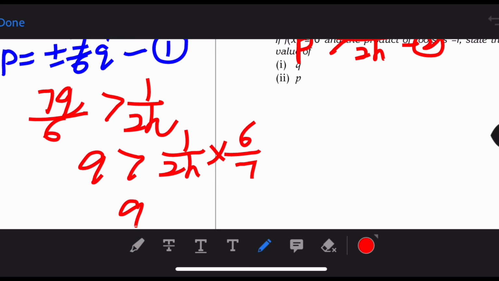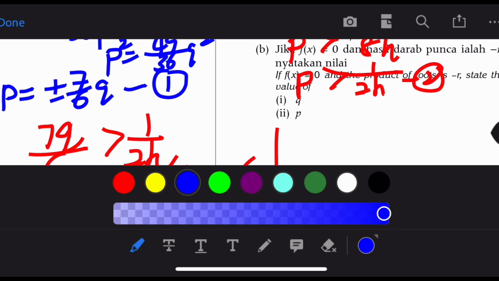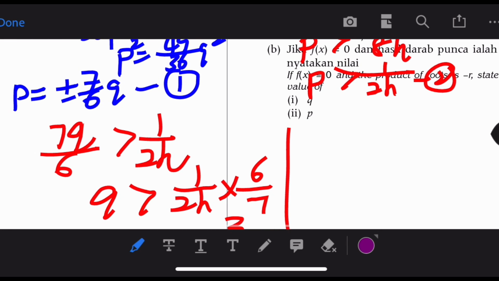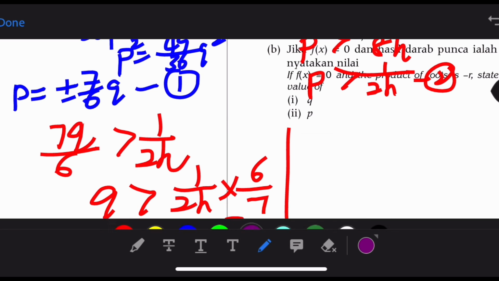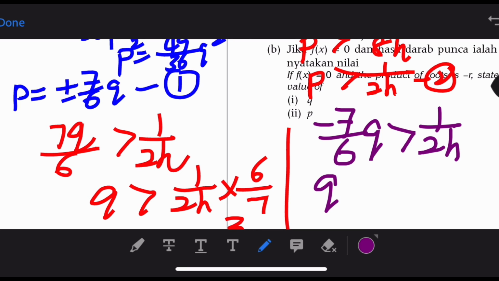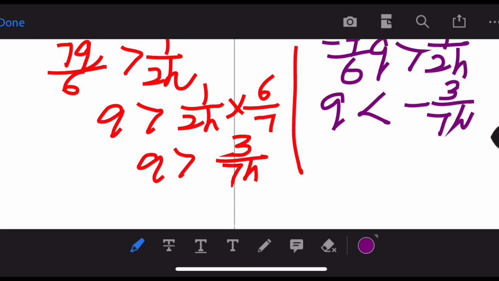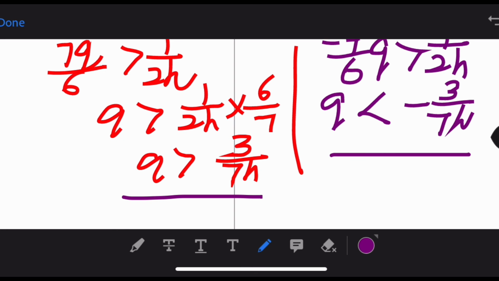So q will be more than 3 over 7h. If we are having negative, because we have two values, we have negative 7 over 6 q more than 1 over 2h. So for q, we have to reverse the sign because of the negative. So we have two pairs of answers. It's either this or this.